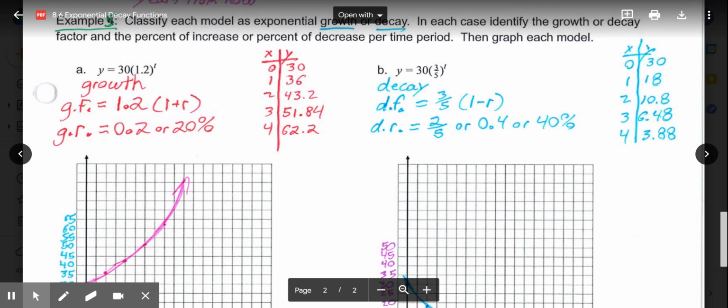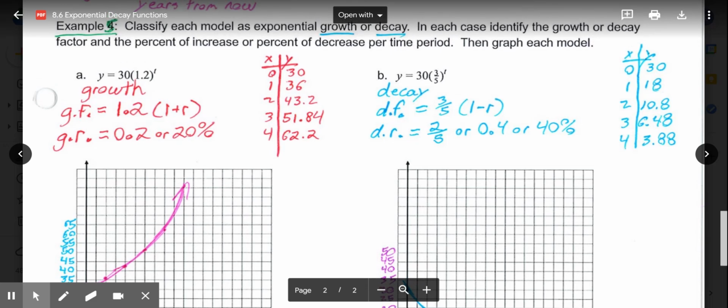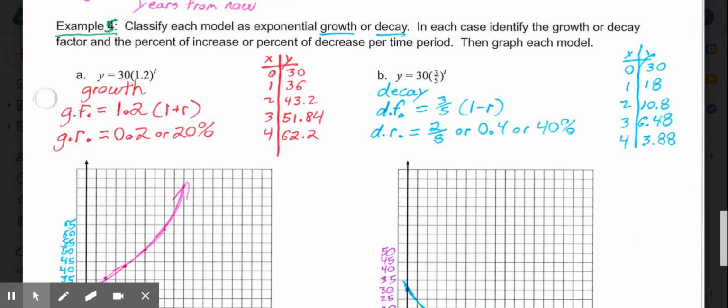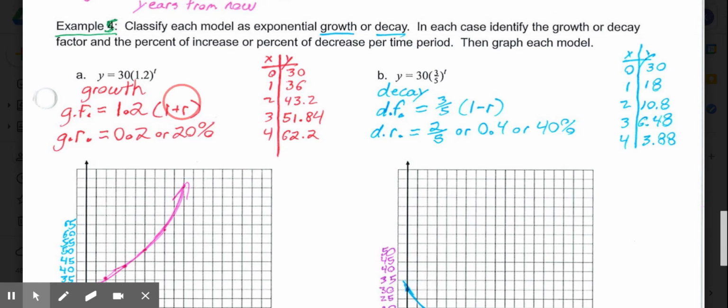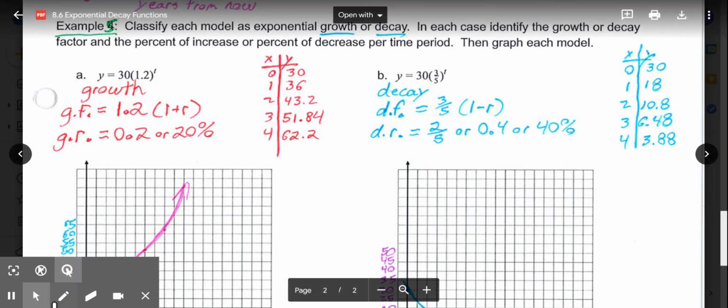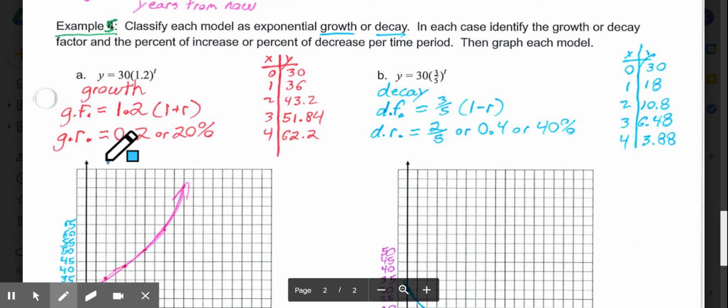This is the part that takes a little bit of mathematical skill. I tend to eventually do mine in my head, but I'll show you how to come up with the values. If we know that the growth rate is just the r part of 1 plus r, in this case our growth factor is 1.2. So we'd think about 1.2 equals 1 plus r.